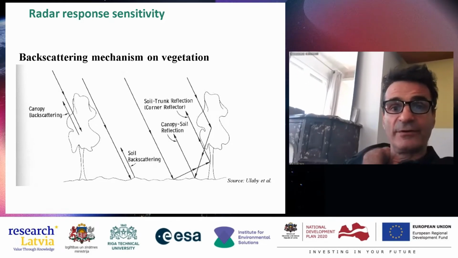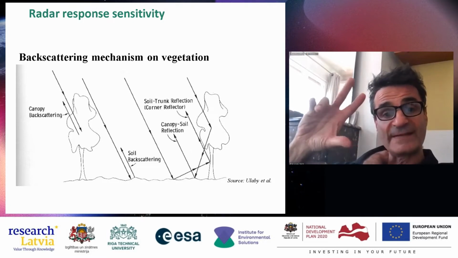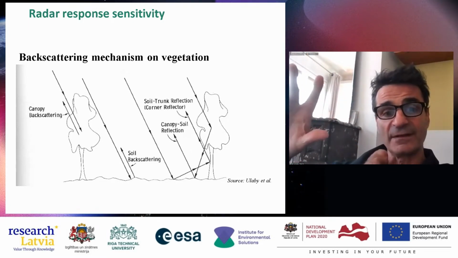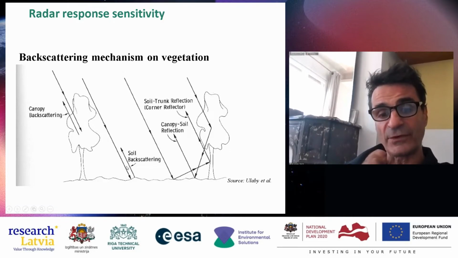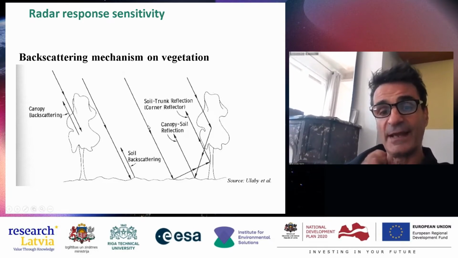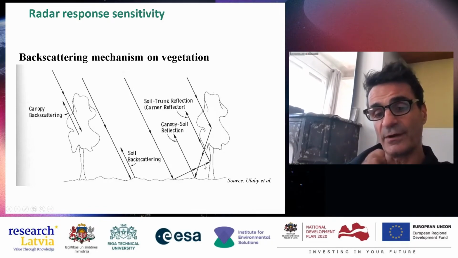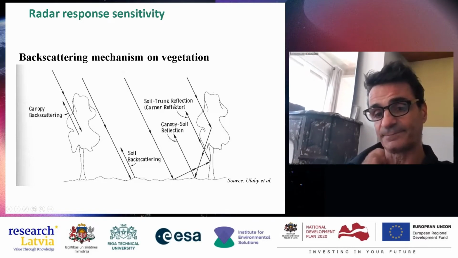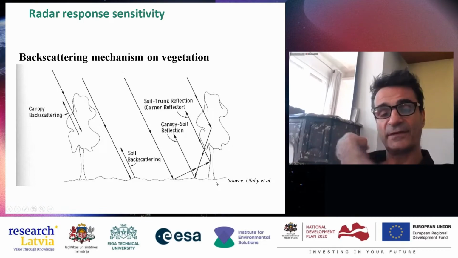When you have a radar over vegetation, you always get three different backscattering mechanisms. One comes from the surface beneath the vegetation. One comes from the volume scattering on the canopy, and the last one comes from the double-bounce effect that occurs with the corner reflectors.